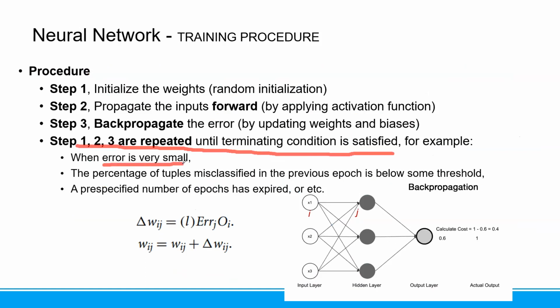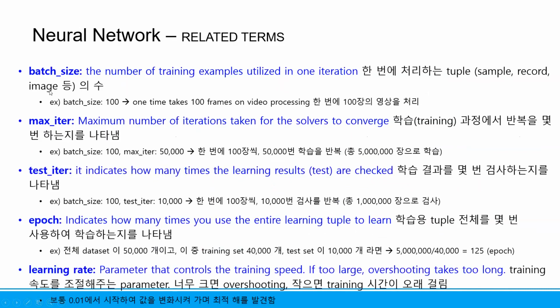So it is when the error is very small, or when the percentage of tuples misclassified in the previous epoch is below some threshold, or a specified number of epochs has expired. And there are so many other conditions that you can determine. And this is the definition.